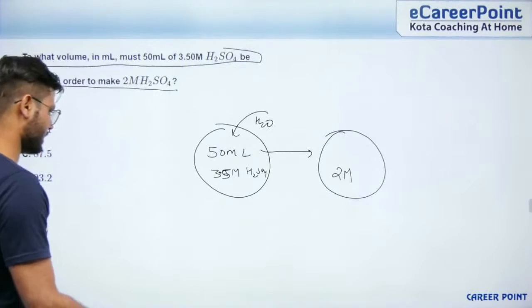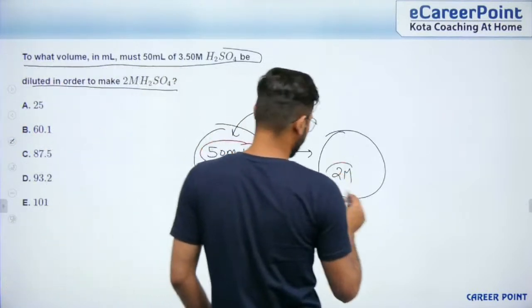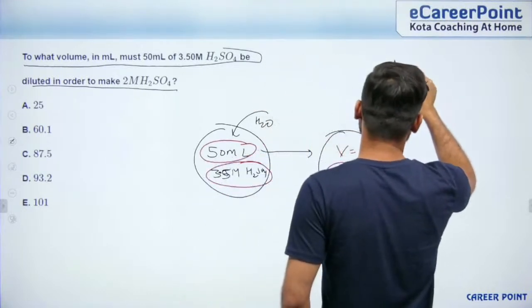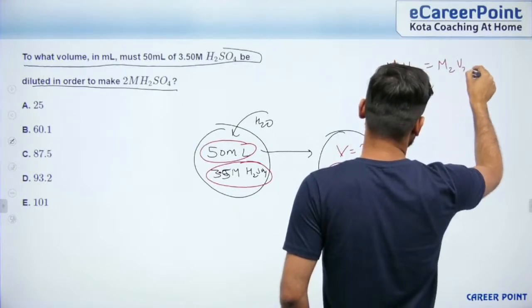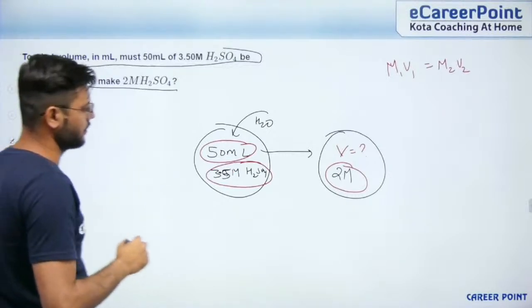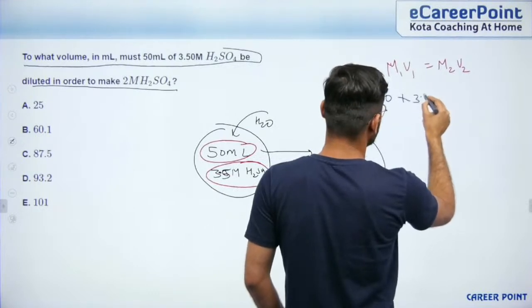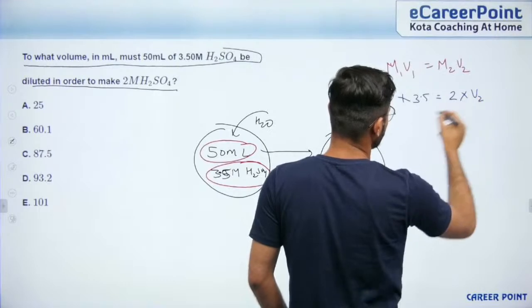See what is happening. We have this much ml and the molarity is this. Now we have the molarity and we need to find out the volume. So we have the relationship M1V1 equal to M2V2. We have 50 ml and 3.5, and M2 we have 2 molar and V2 volume.